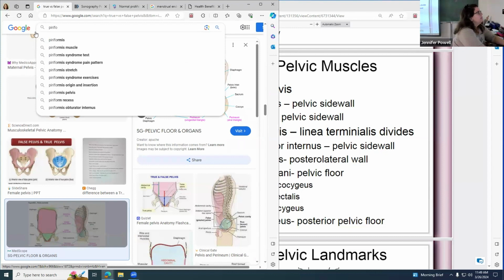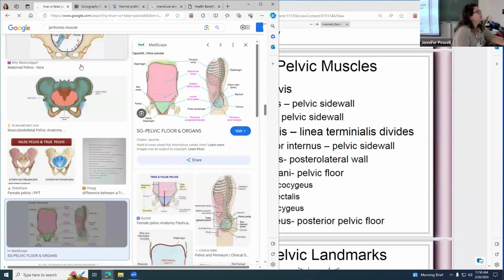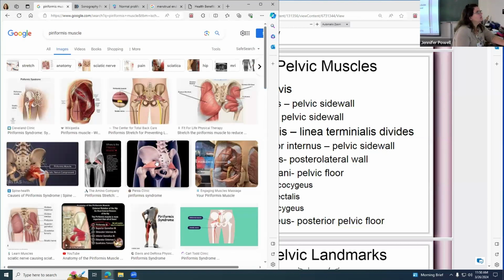So it makes sense, easy way to remember where that is, posterior lateral. So kind of goes up.